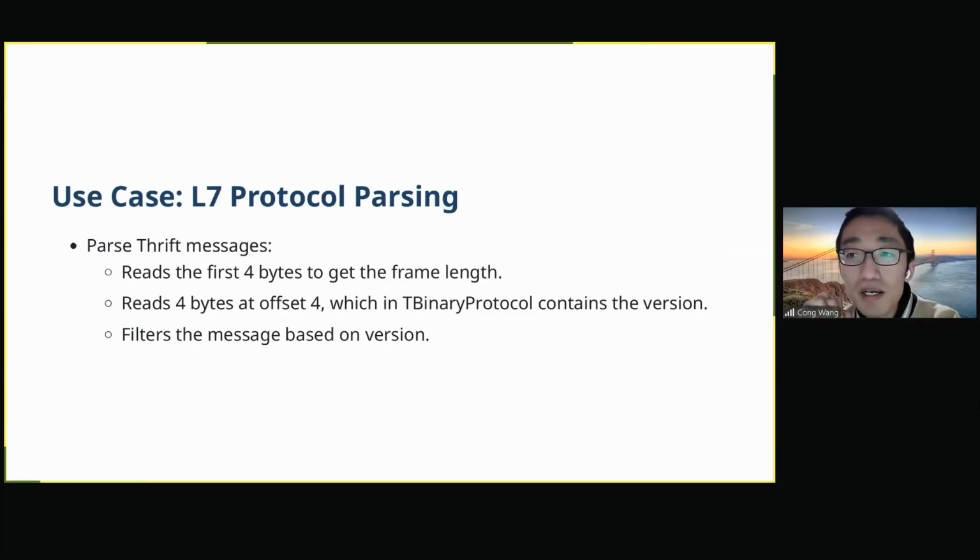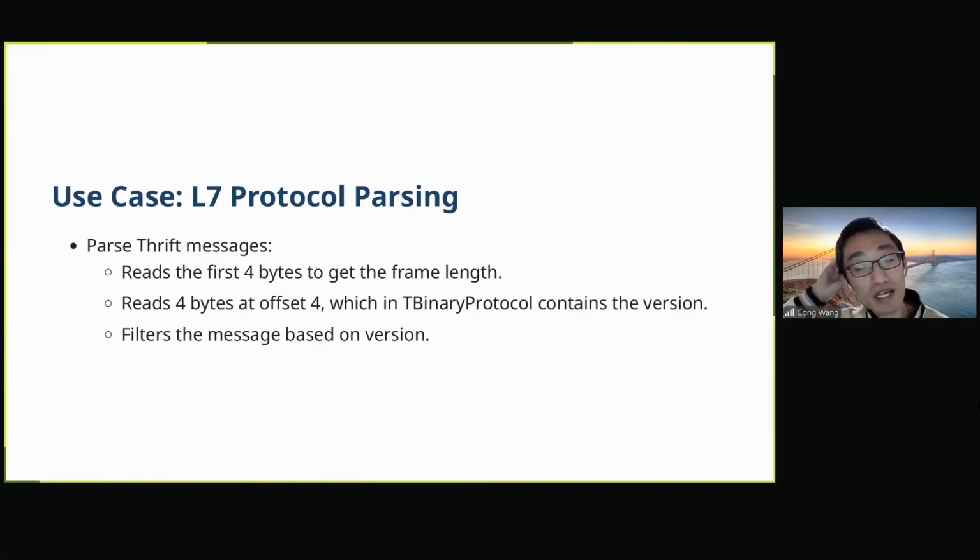Another example, which I think is very close to a real use case, is layer 7 protocol parsing. I believe this is one of the most powerful use cases provided by the socket maps. In this example, I would like to show how we should parse the Thrift message.